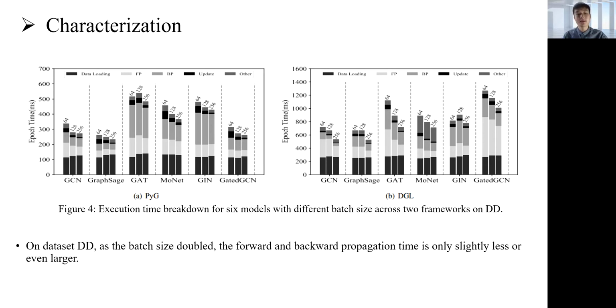It can be said that the parallelism of the GPU is not well utilized when training on graphs with many nodes and edges, and the strategy of GNN training on big graphs is worthy of further study.